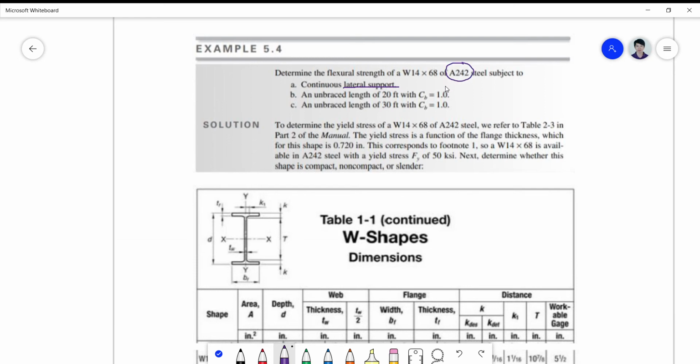common to us, we simply refer to the AISC manual, Table 2-3 in Part 2, wherein the minimum yield strength is actually a function of the flange thickness of the section, which is 0.72.